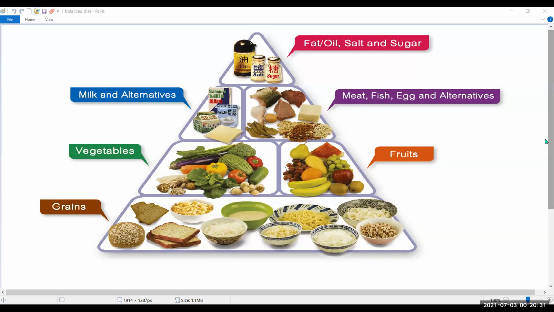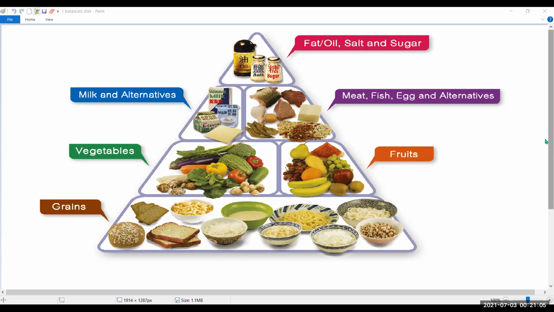Eating a balanced diet provides the required nourishment to the body and keeps it healthy. The different components that need to be a part of a balanced diet are carbohydrates, proteins, fats, and sugars, milk and dairy products, and fruits and vegetables.